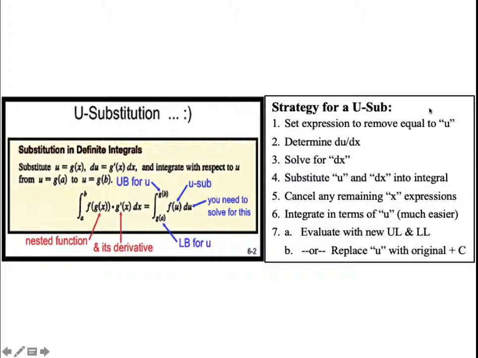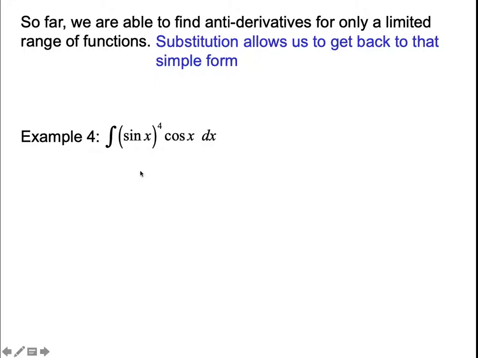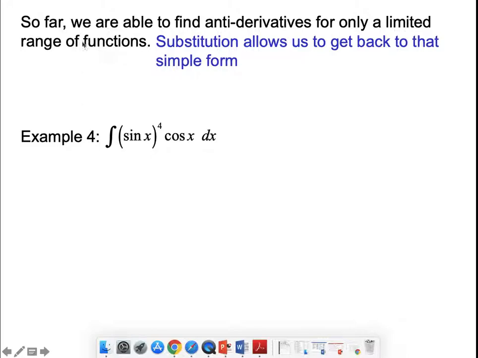At first, you have to figure out what to call U, which means looking for that function, and then we're going to differentiate it to get that derivative. If we look at this problem here, it's example 4 in your notes, at the bottom of the first page of your notes for this section. This is going to really increase the number of functions that we can find antiderivatives for.